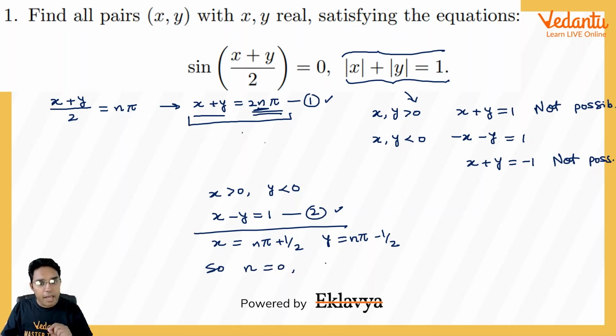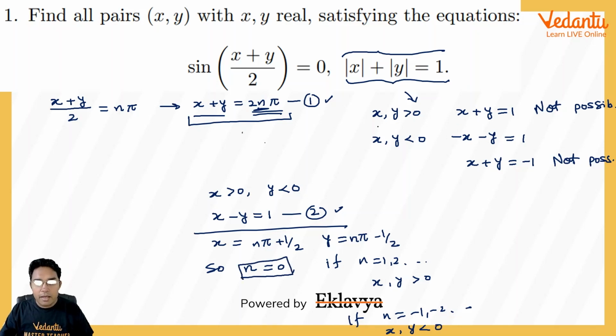Because if n is equal to 1, 2 and so on, then both x and y become positive. You can check it here. Similarly, if n is equal to minus 1, minus 2 and so on, then both x and y become negative. So the only possibility is n equal to 0, as the other cases we have already negated. So n equal to 0 will give us x equal to half and y equal to minus half. That is one solution of this question.